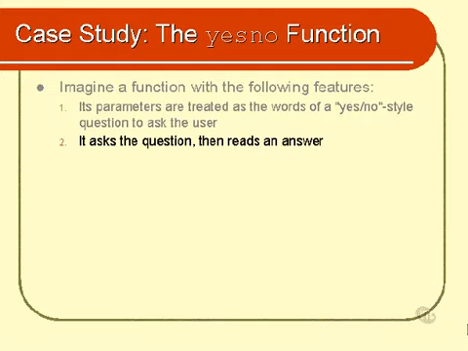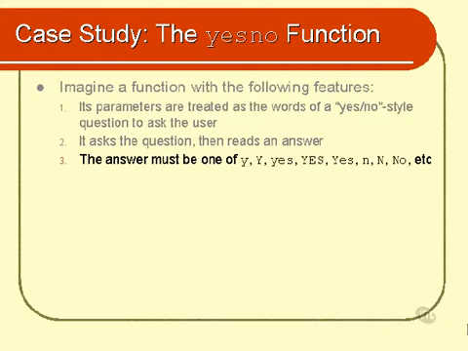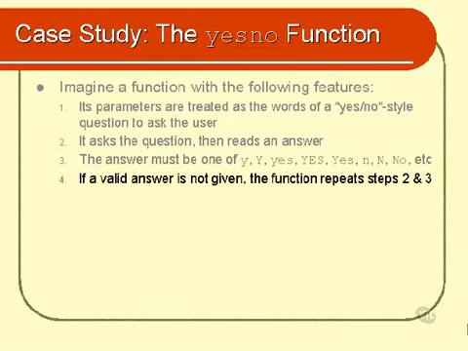Secondly, it will read an answer from the keyboard and check that the answer conforms to one of the following styles: lowercase y, uppercase Y, lowercase yes, or the same for n, no, anything basically that starts with a y or starts with an n.